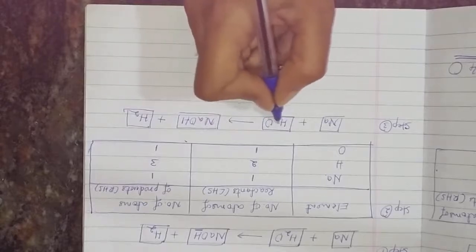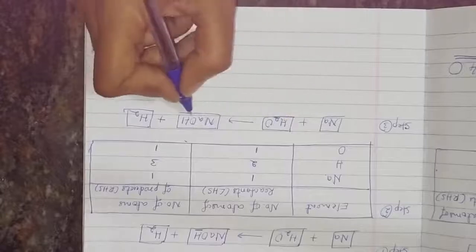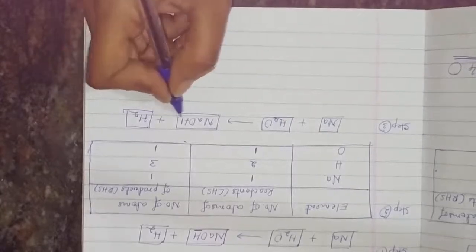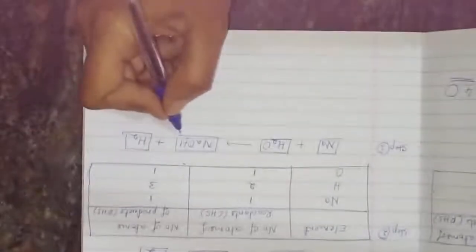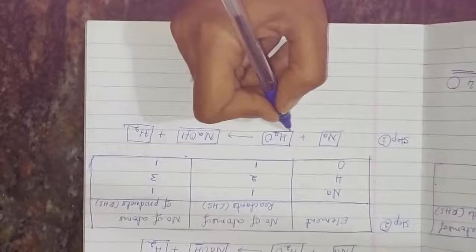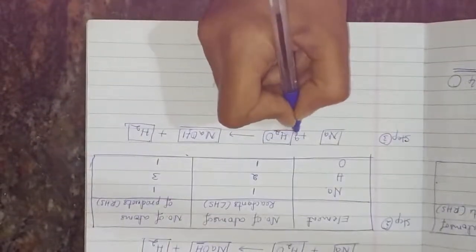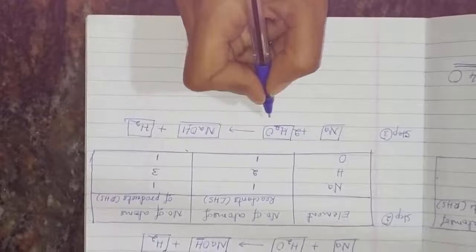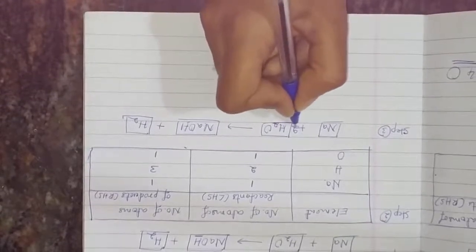Here we will start with the water. Here 2 hydrogen atoms are there, but on the product side 3 hydrogen atoms are there. Okay, so here we will multiply this by 2. Here we will multiply this by 2.